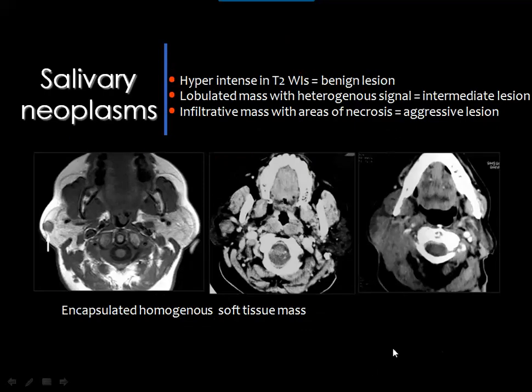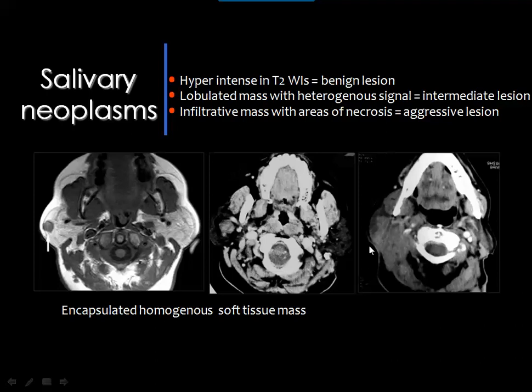Then if you see a mass in the parotid gland and you want to judge the possibility of being benign or malignant, the first supportive criterion is a localized, well-defined margin of the lesion, which usually favors the diagnosis of a benign lesion.